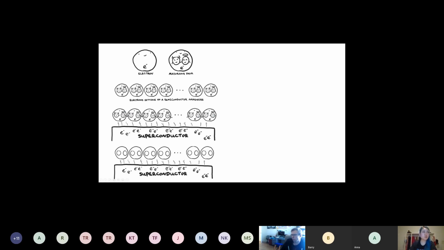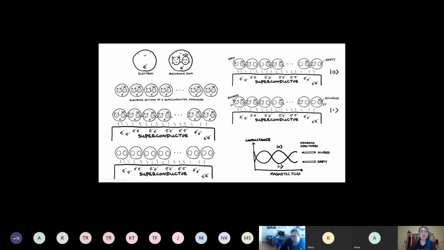Now imagine you remove all of those electrons from your system, and these voids are just the locations where your pairs and electrons can sit. Then you could have a case where you add electrons within, but leaving those two ends empty. So that would be your zero state.